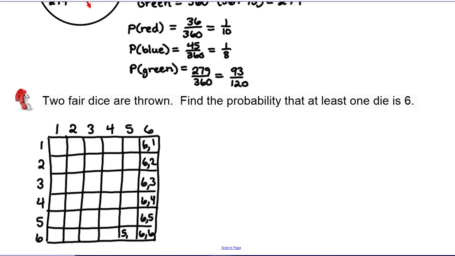And then this is a 5, 6, 4, 6, 3, 6, 2, 6, and a 1, 6. Okay, so I count out how many there are. 1, 2, 3, 4, 5, 6, 7, 8, 9, 10, 11. So the probability of at least one 6 is equal to 11 over 36.